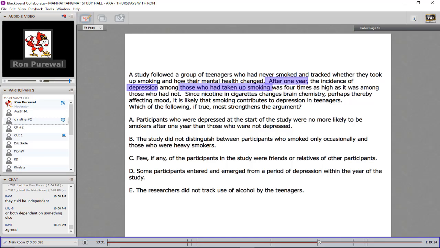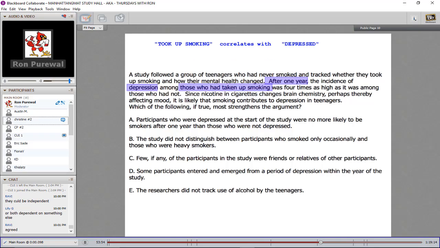So they said taking up smoking correlates with depressed. They're saying cause and effect.